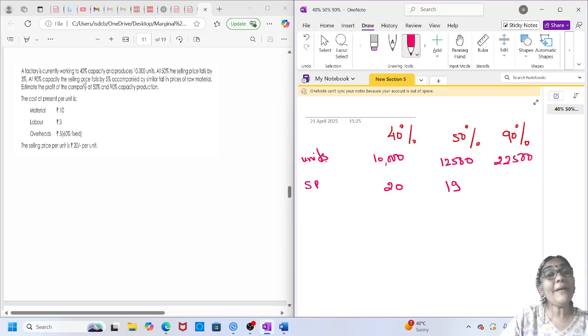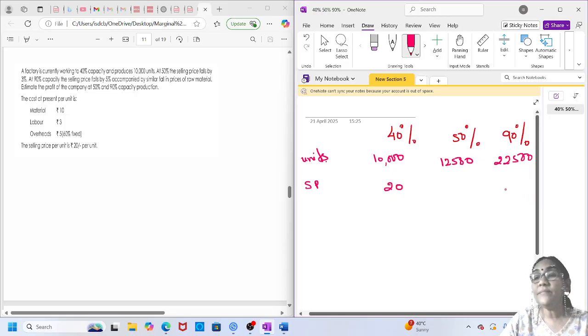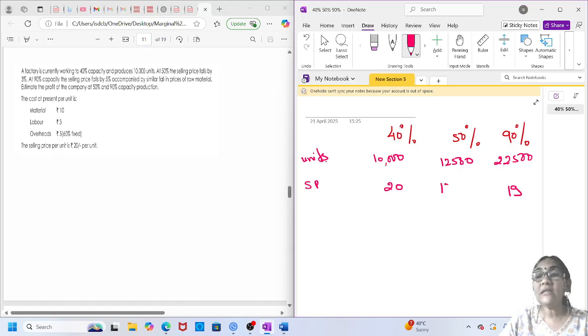At 90% capacity, the selling price falls by 5%, so for 90% it is going to be 19. Right? This is the selling price per unit.